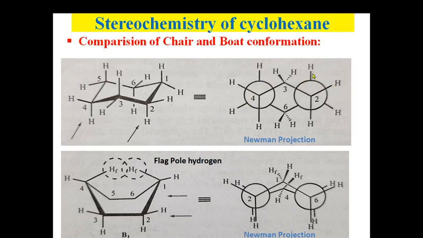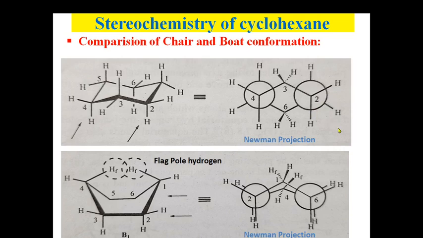Okay, so if you look at the dihedral angle, it is about 60 degrees if you are taking the angle between these two. So this particular conformation is known as a staggered conformation. If you are taking this hydrogen and this hydrogen, the angle is 180, so this is also known as an anti-conformation or staggered conformation.